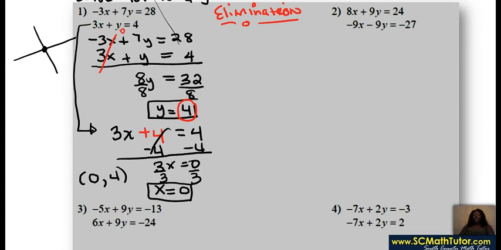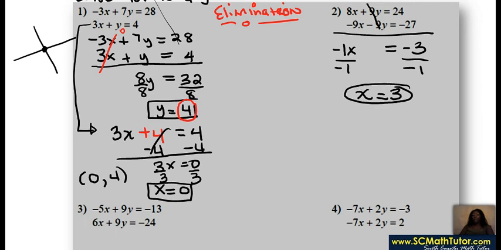That's number one. Now on number two, quickly, can you see where -9y and +9y are the same and opposite, so you can eliminate them, and you have -x equal to -3. Divide both sides by -1. So your variable x is equal to +3. Now pick one.